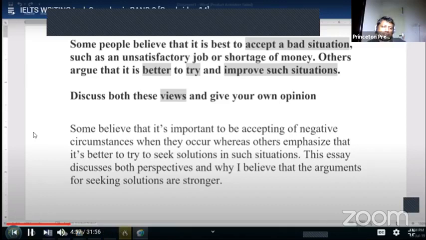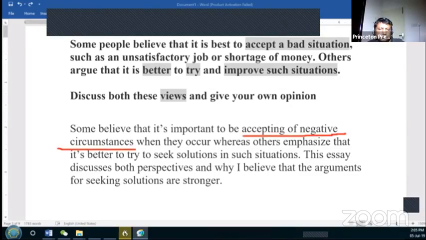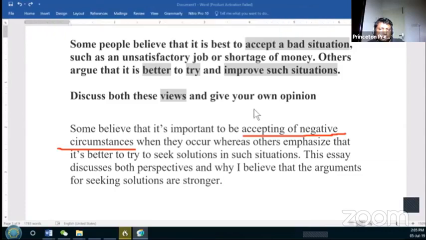From the task instructions, "accept a bad situation", I have got in response to that "circumstances". And then later over here, "better to try and improve such situations", I've got "better to try to seek solutions" instead of "improve such situations".